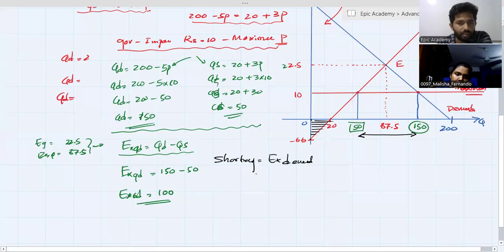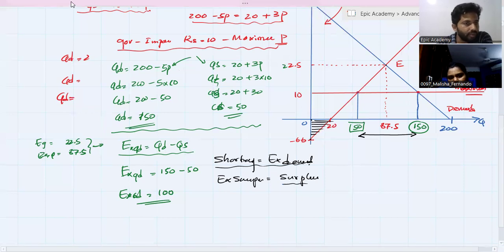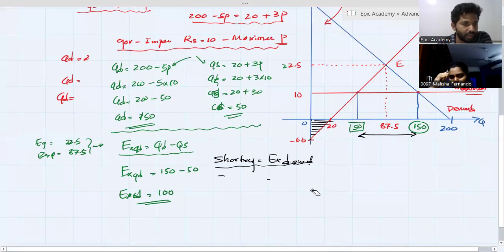Now again, one thing you have to remember: if I am discussing excess supply, it must be the surplus. It is not about the consumer surplus and producer surplus, okay?